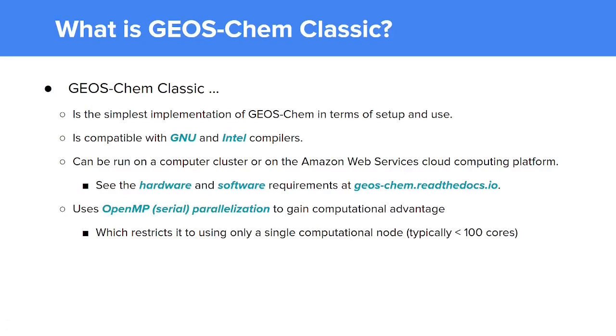GEOS-Chem Classic is parallelized, but it uses a type of parallelization called OpenMP, which I won't go into the details here. So this is a way of running GEOS-Chem using more than one computational core, but this specific type of parallelization limits GEOS-Chem Classic to using a single computational node, which most computational nodes nowadays are typically 100 or less cores.